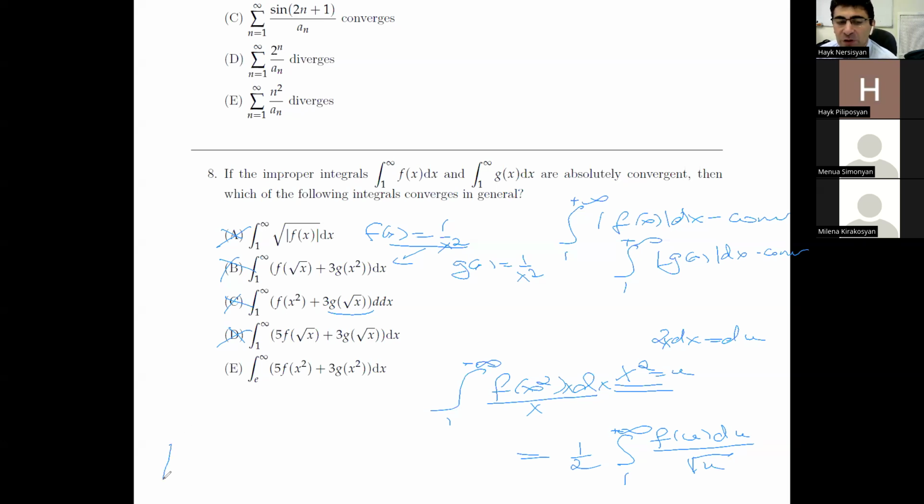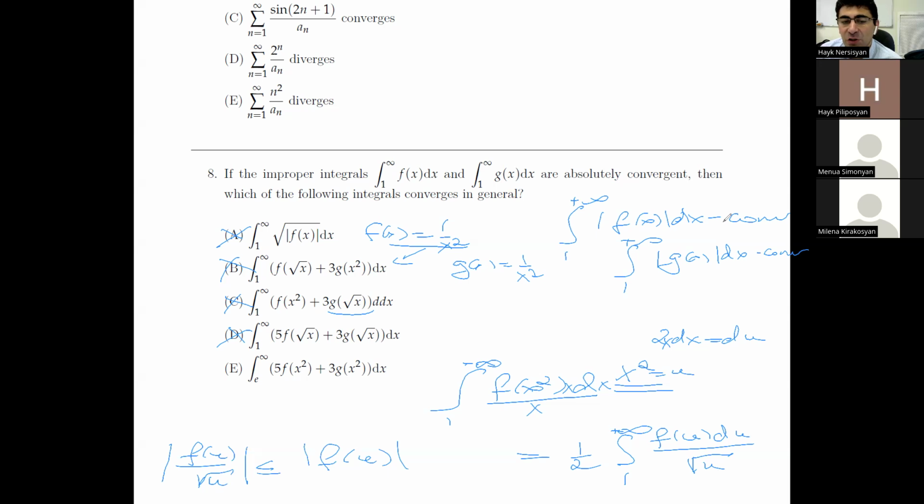The modulus of f(u) divided by root of u can be estimated from above by modulus f(u), because u is a number greater than 1, so we are estimating from below by 1. And from above we have the f(u) function with modulus, which is convergent, since it's given that f in the improper integral is absolutely convergent. So as a result, we can say that f(u) over root of u is convergent. So f(u) itself is fast enough. We are dividing f(u), this small function, by a big number, so we are making it even smaller. So it is going to be convergent.